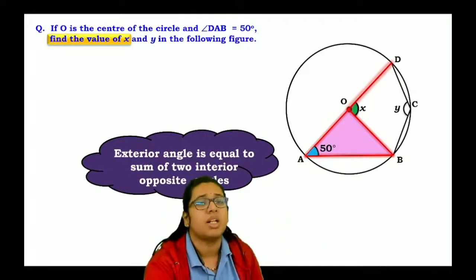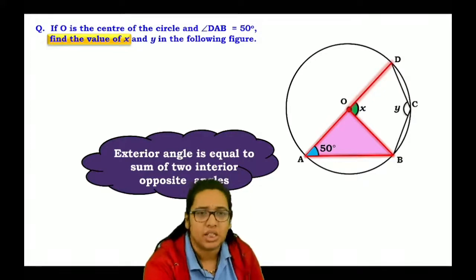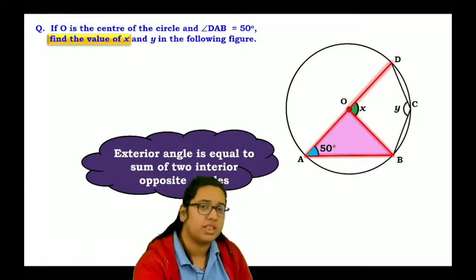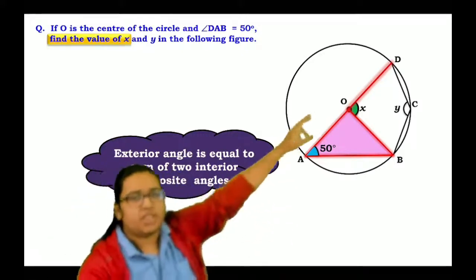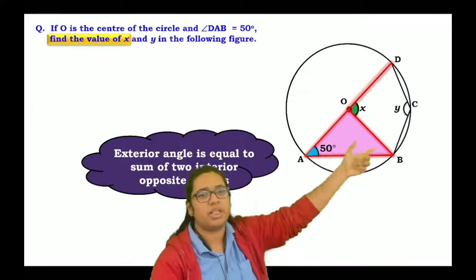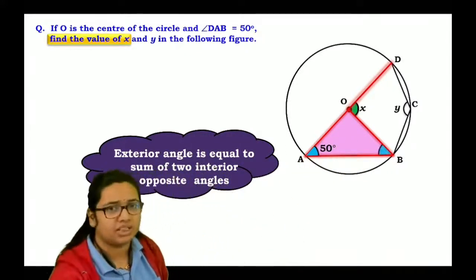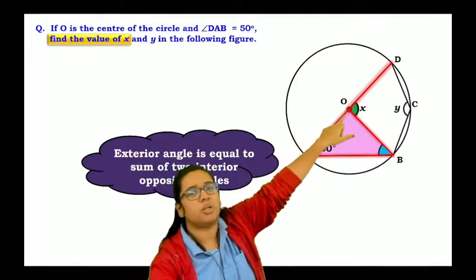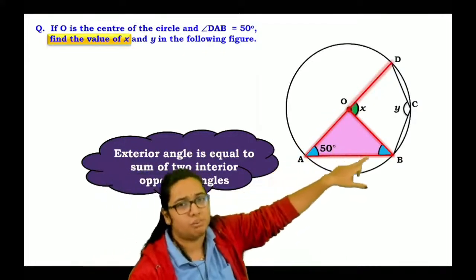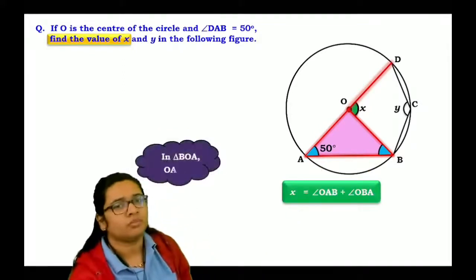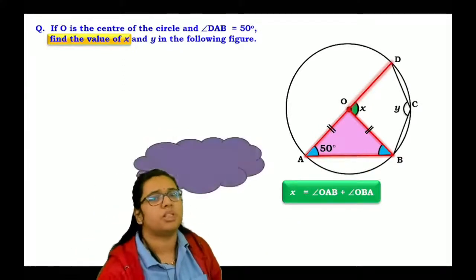So we know that an exterior angle is equal to the sum of the two interior opposite angles. So we can say that x is nothing but the measure of angle OAB plus OBA.